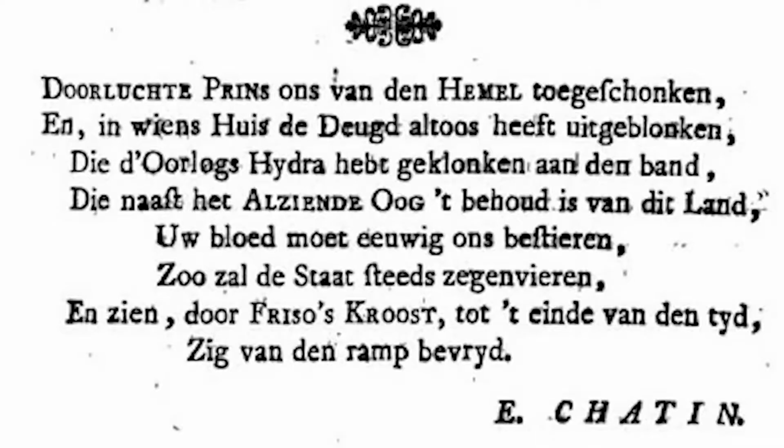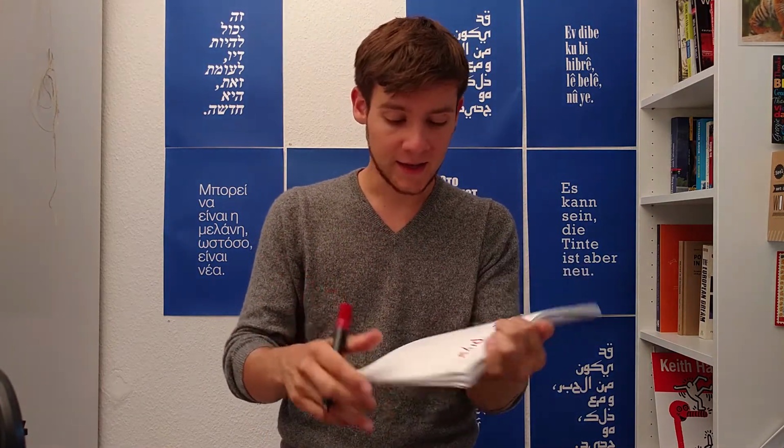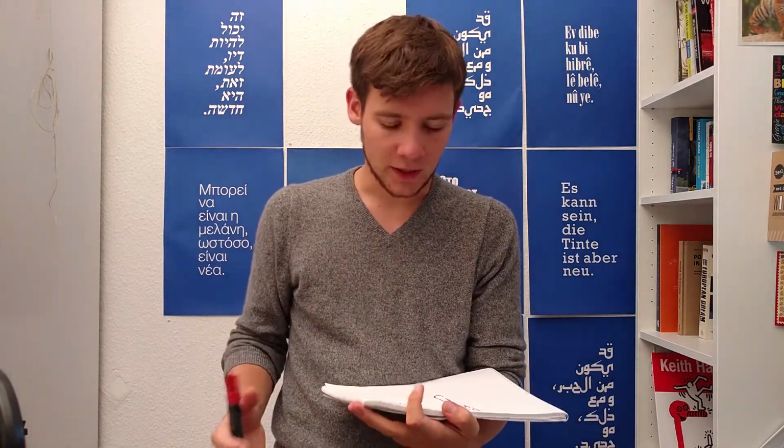Prijzen. Look at this ancient example of a text from the 18th century. You can see that tijd and bevrijd are written with a Y. So that was a pretty common way of writing for a long time, but then at some point in the last century, we got a spelling reform, and then all these Y's were replaced with IJs, and now we have the ij everywhere.